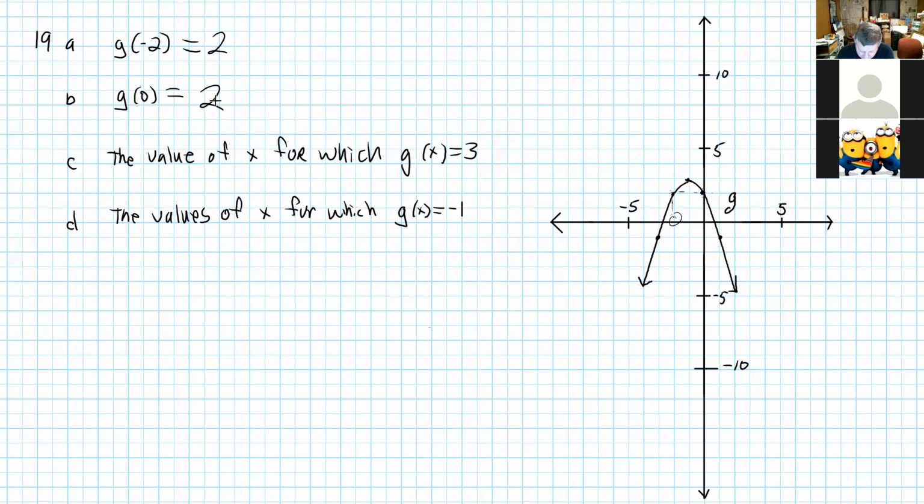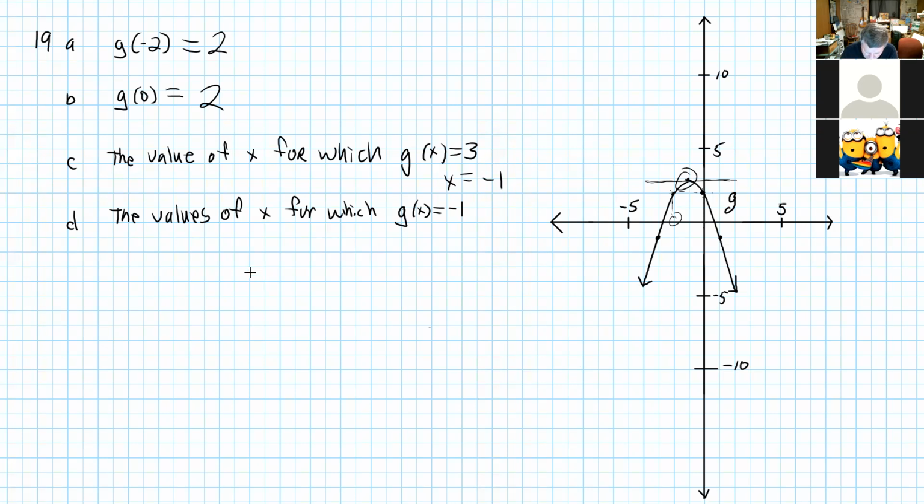Now, the value of X for which G of X is 3. So now we're back to a singular value, the value of X. So when G of X or Y equals 3, what is X? -1. Good.